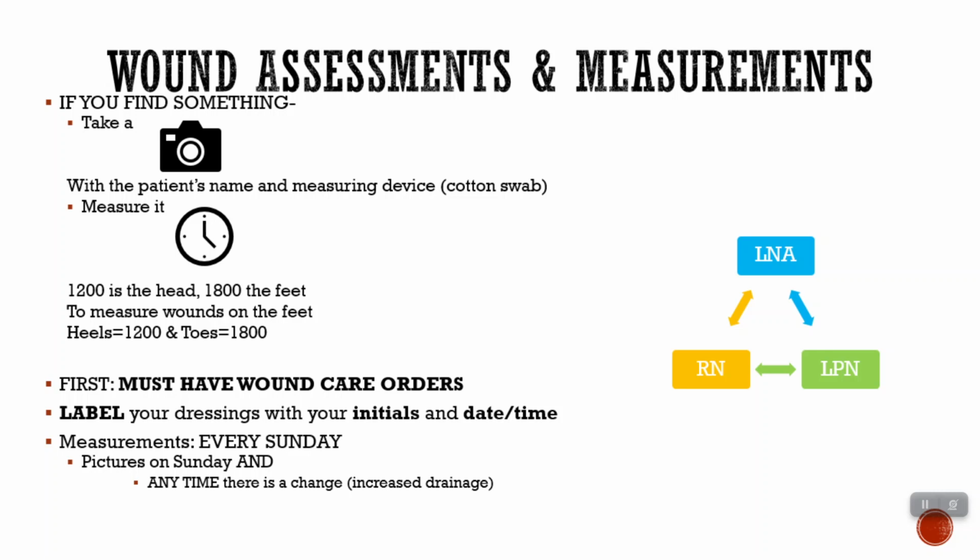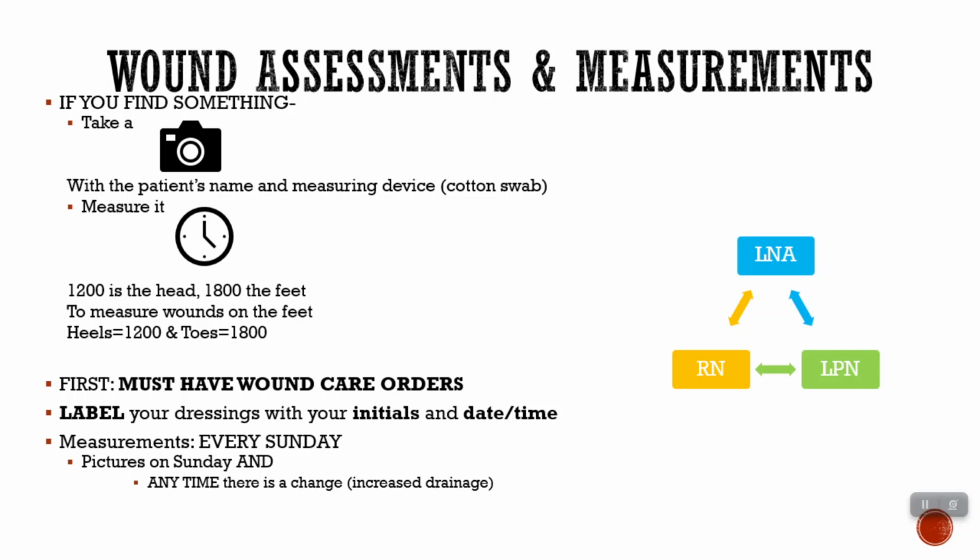So first and foremost, I really do need to emphasize that we need wound care orders. So when we do have a wound that needs something more than just Mepilex, or something more than just a gauze and some tape, we need to have identified wound care orders, and I'll go over what needs to be included in those wound care orders. If we do not have wound care orders, then we're going rogue.